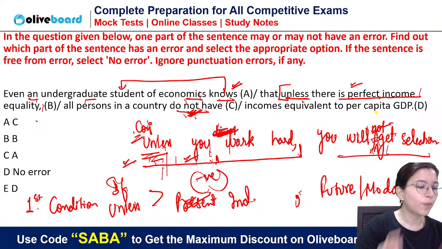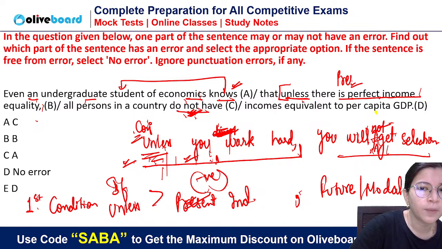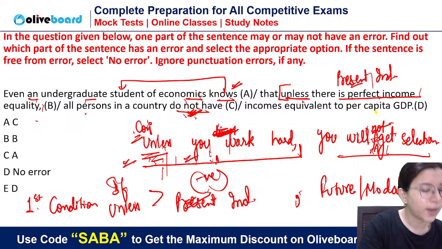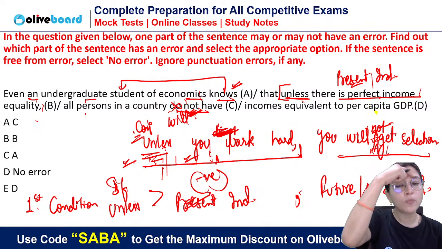Multiple questions can come from the same rule. First condition, okay? So subordinate clause आपका present indefinite में है, that is absolutely correct. Unless there is perfect income, that is absolutely correct. But all persons in a country or all people in a country will not have incomes equivalent to per capita.